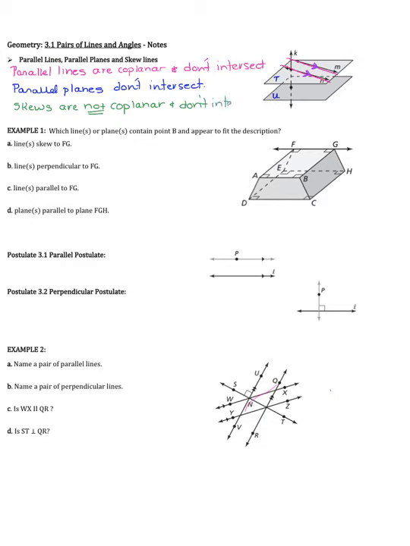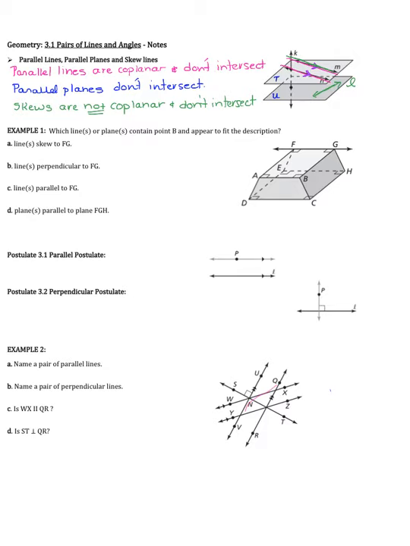So an example of that might be when I look over here, you have L and M on plane T. If I were to draw line L here down below, you could say line M and line L are skew. They won't ever intersect, and they're not on the same plane.